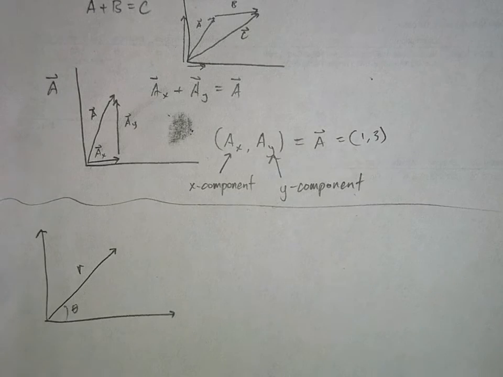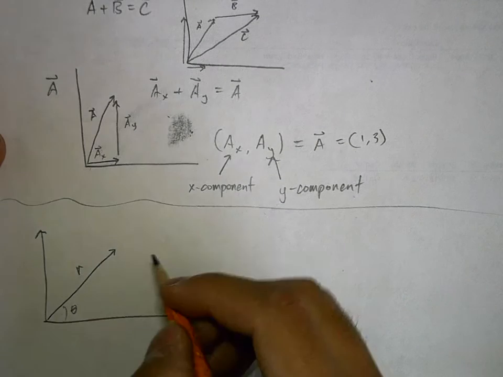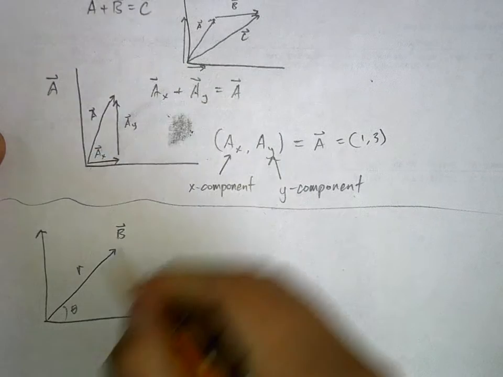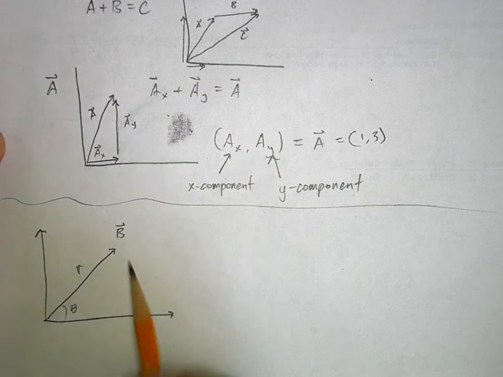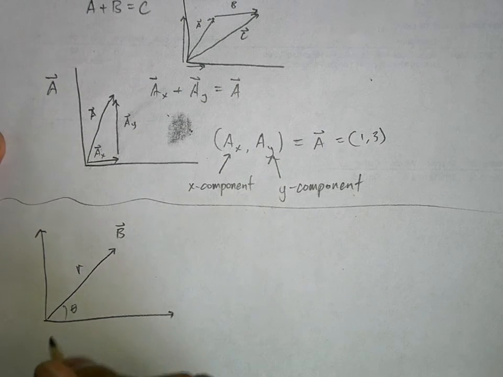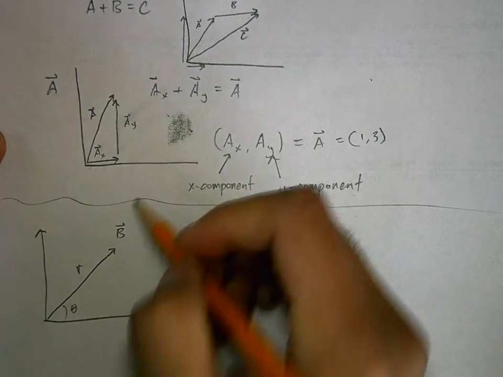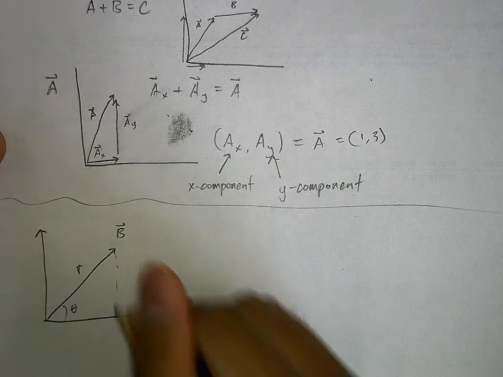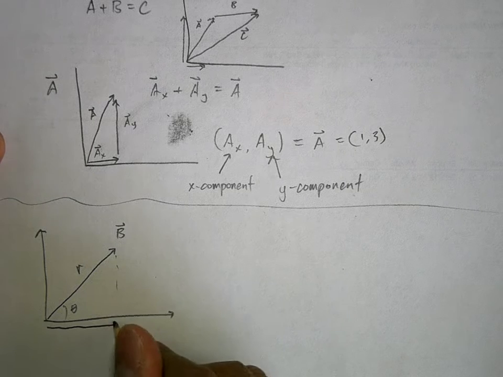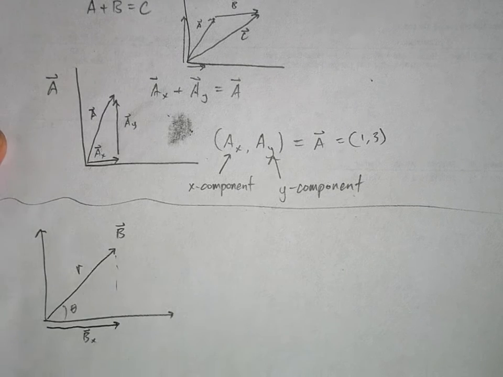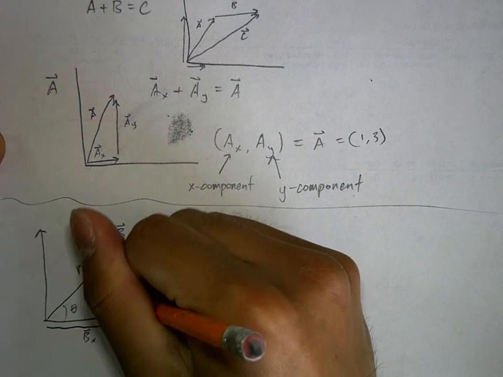Without even calculating anything, we can already see that the component of b along the x-axis, or its projection along the x-axis, is just right here. And along the y-axis, it's just right here.